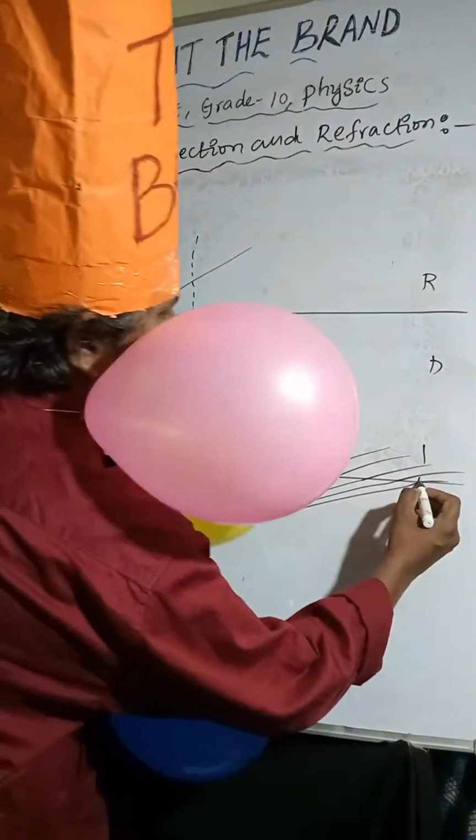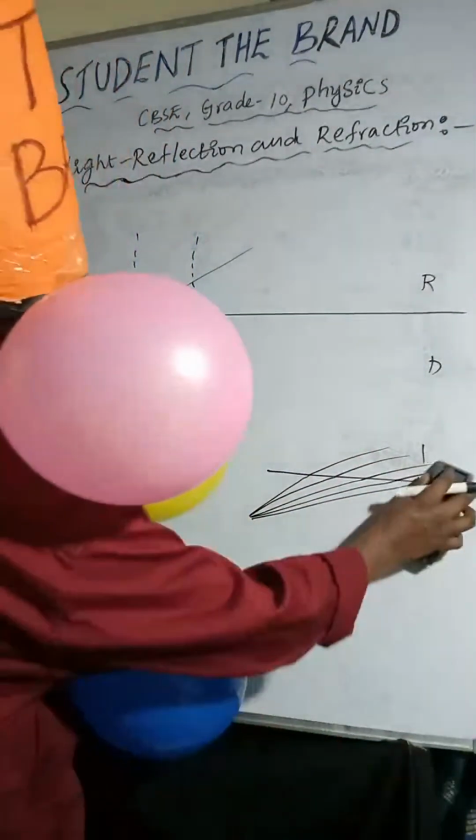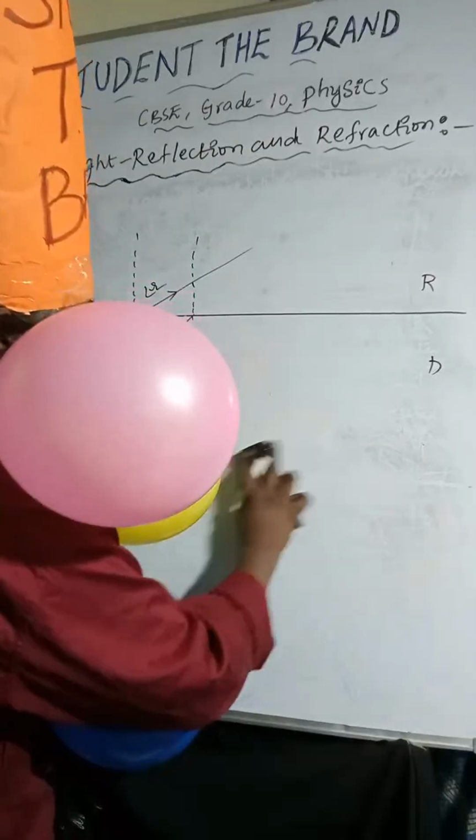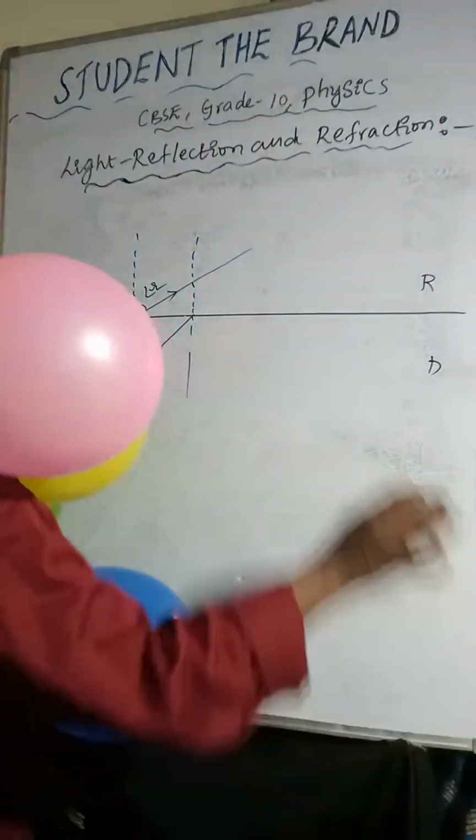At this point, the light ray grazes along the surface, or it makes 90 degrees with the normal line.